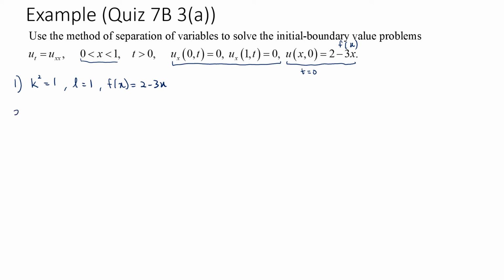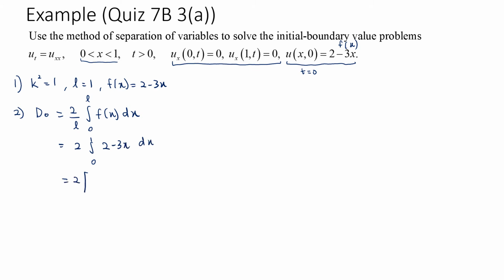So from here, using the formula that we have discussed from the previous video, from the previous slide, we can get the coefficients d naught and dn, where d naught equals 2 over L times the integral from 0 to L of f(x) dx, which equals 2 over 1, which is 2, times the integral from 0 to 1 of 2 minus 3x dx.